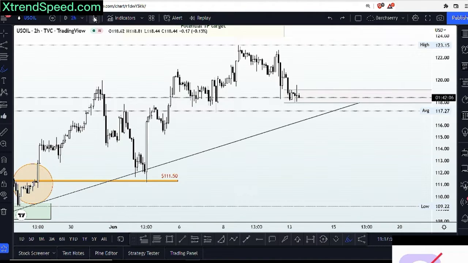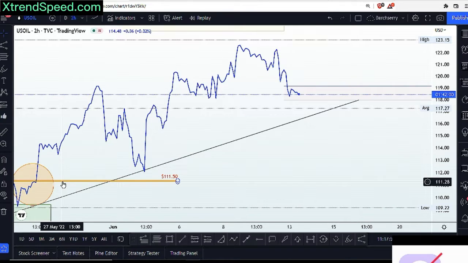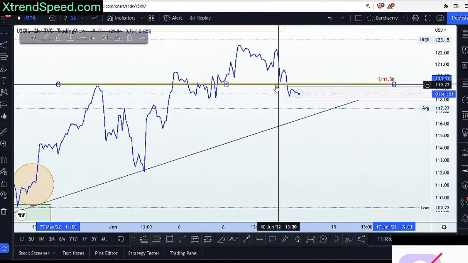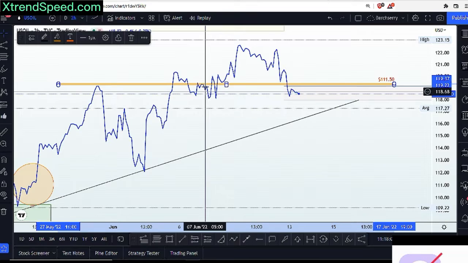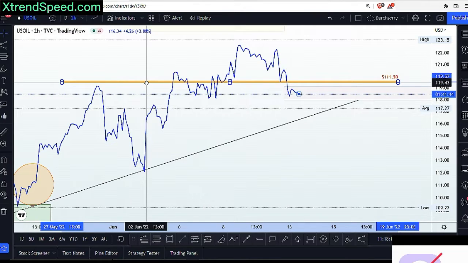So I will bring out my line chart for the sake of being specific. Then we will look at what we can bring out at this point. So if we bring out our line chart, we have a key level sitting at around 119. I think 119.50 will be most appropriate at this point.